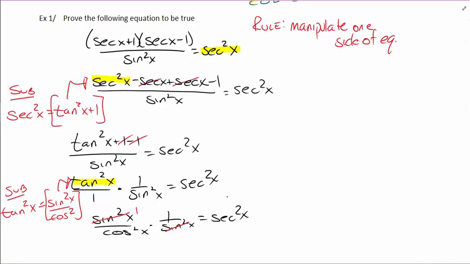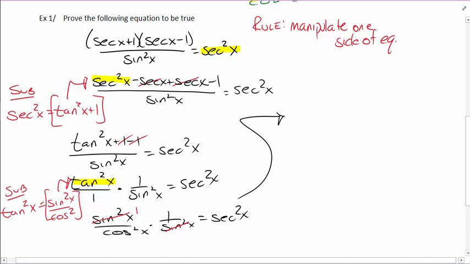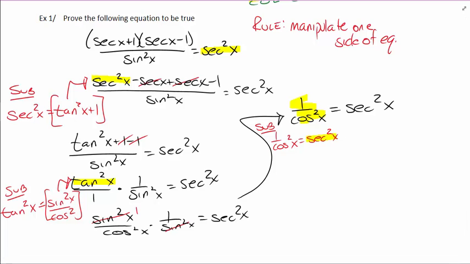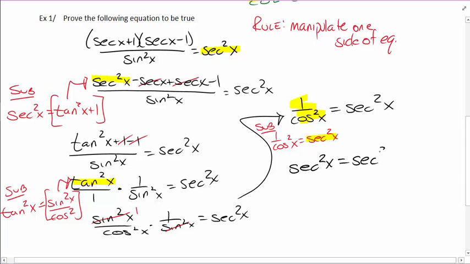I'm going to move this problem up here. I now have 1 over cos squared x equals secant squared x. One last move here is that 1 over cos squared is equivalent to secant squared. I'm going to substitute that in. So I can replace 1 over cos squared with secant squared, and I will get secant squared x equals secant squared x.